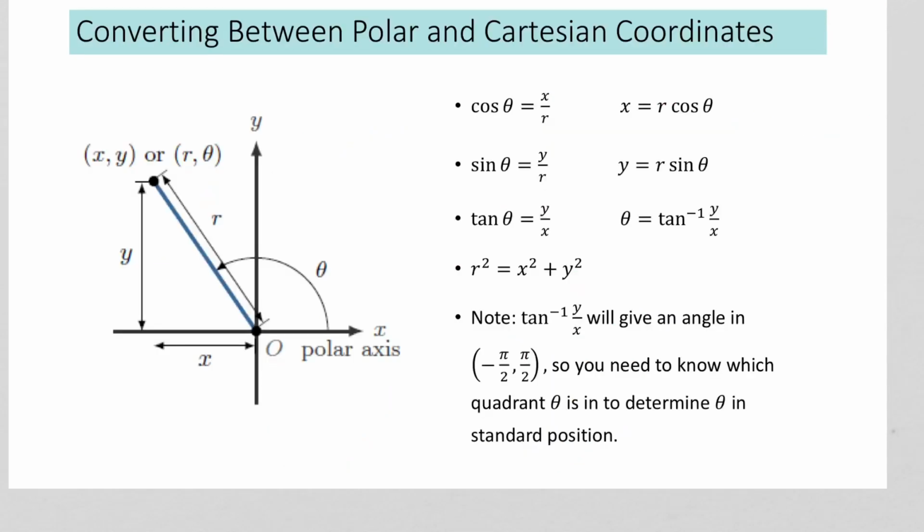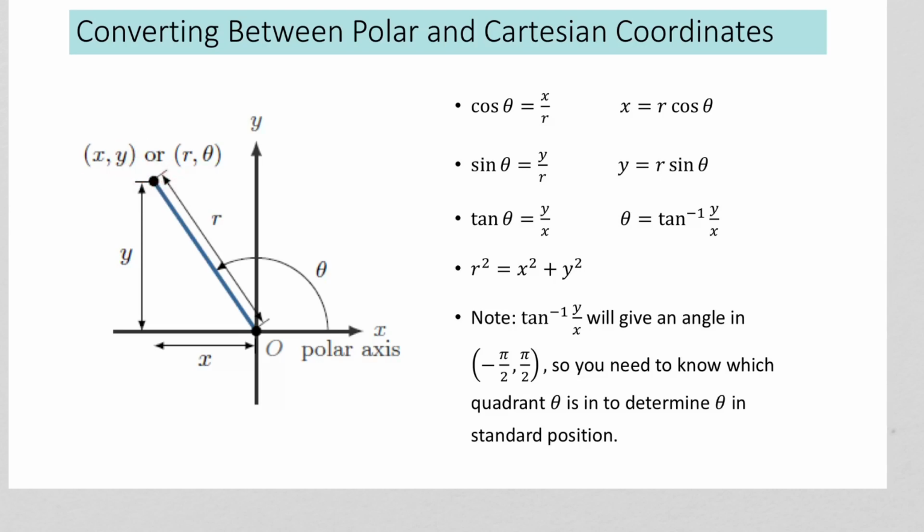The next thing we learn how to do is convert between polar and Cartesian coordinates. So what we can see from this diagram here is that if this is your pole right here, and this is your polar axis, and this is theta in the positive direction out to this radial line right here, this point right here can be thought of as having the polar coordinates r and theta and the Cartesian coordinates x and y.